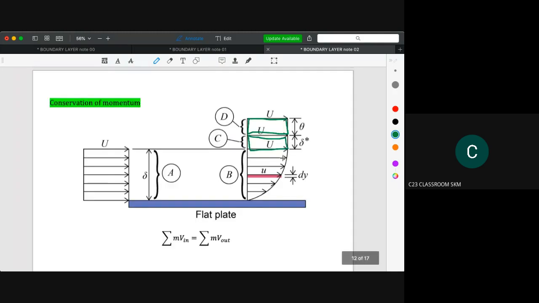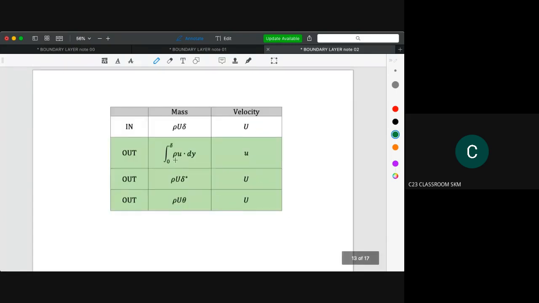Then we need to calculate this area, which is not an even area, because the velocity keeps changing. So we start with a small area. If you write the momentum for the small area here, you could calculate it as rho u dy. That is the mass, and then you need to integrate it because the velocity keeps changing, and the velocity can be written as small u.